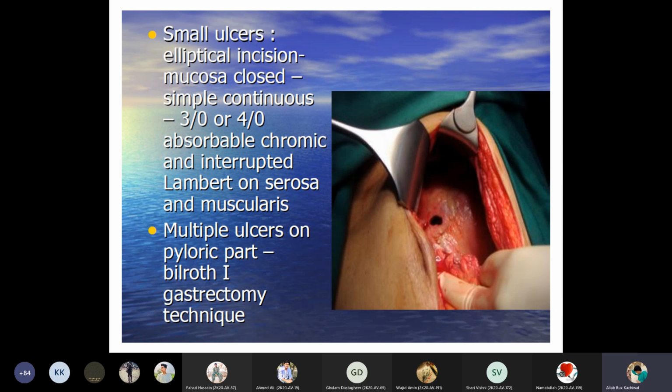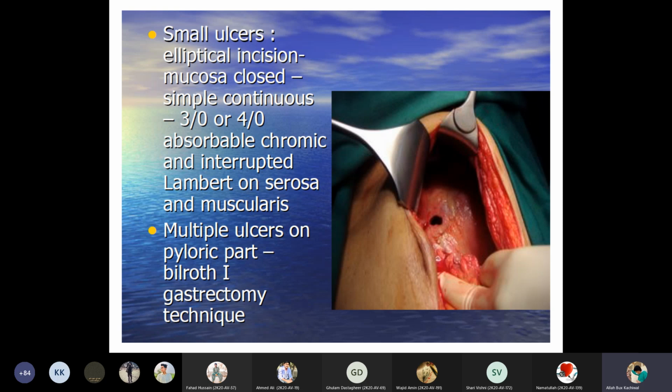Therefore, if it is used in the stomach, it will be digested and the sutures will open. So therefore, sutures of a different chemical nature should be used, like Vicryl, Dexon, or PDS.